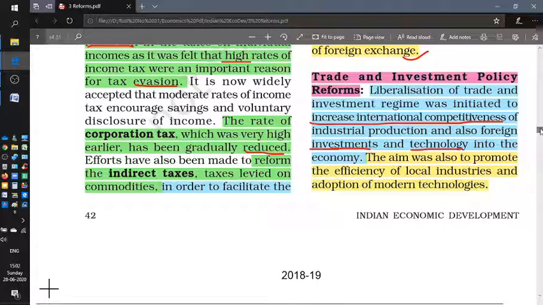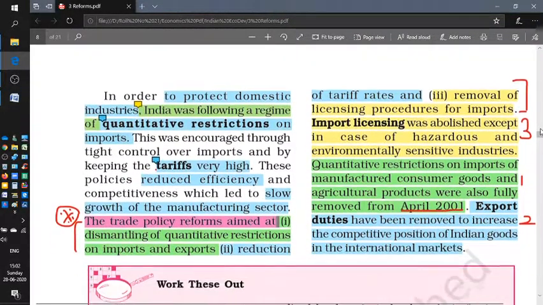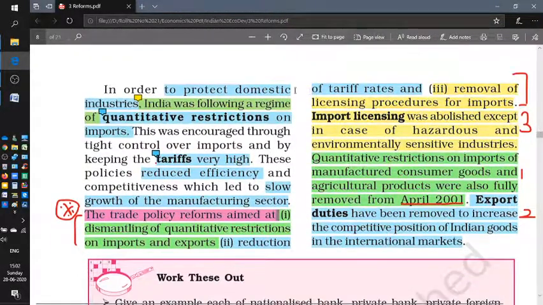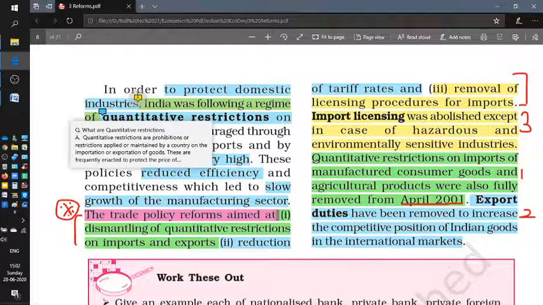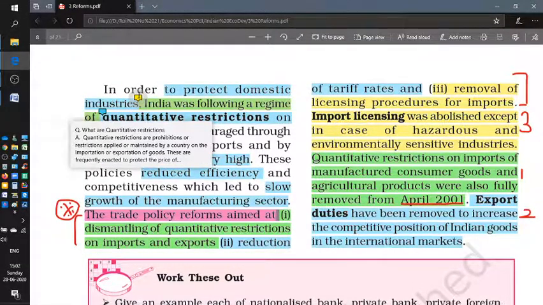Also, what are the initiatives taken in these two policies of trade and investment? Earlier, India was protected. We know that there were quantitative restrictions. What are quantitative restrictions? Quantitative restrictions are prohibitions or restrictions applied or maintained by the government, by the country, on importation or exportation of goods. When we buy, when we sell, there's no freedom.